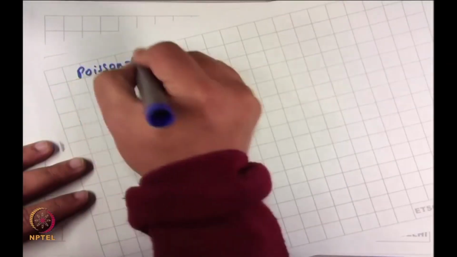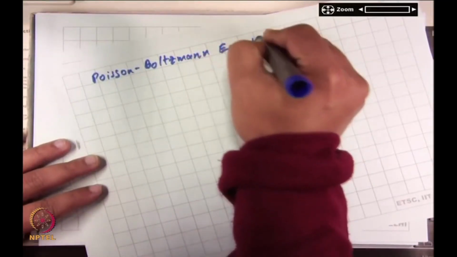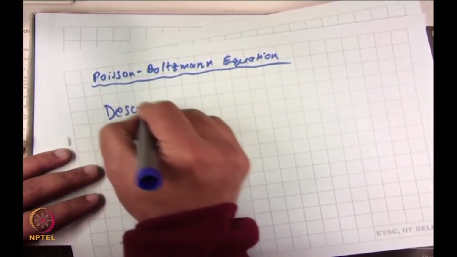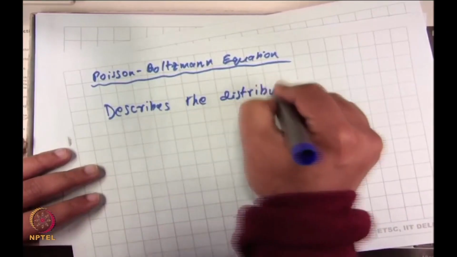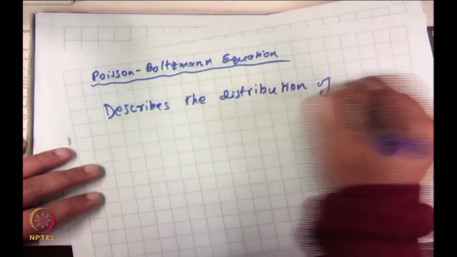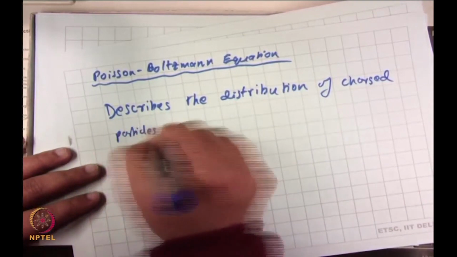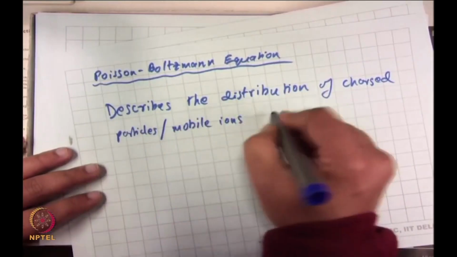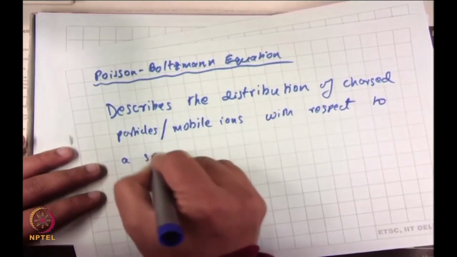The topic we are going to start today is the Poisson-Boltzmann equation, which describes the distribution of charged particles, or mobile ions, coming from your salts with respect to a specific charged particle.